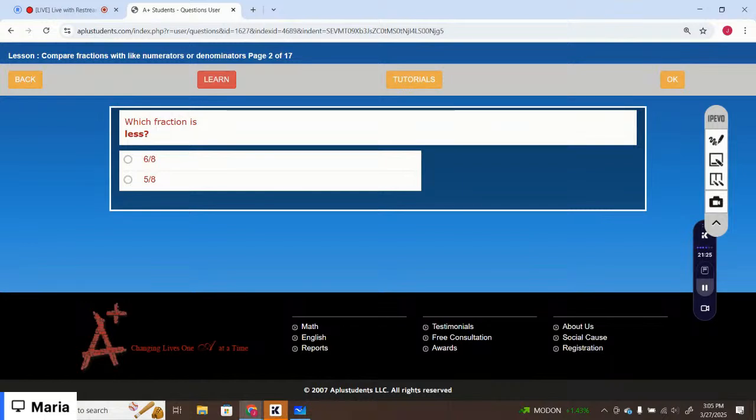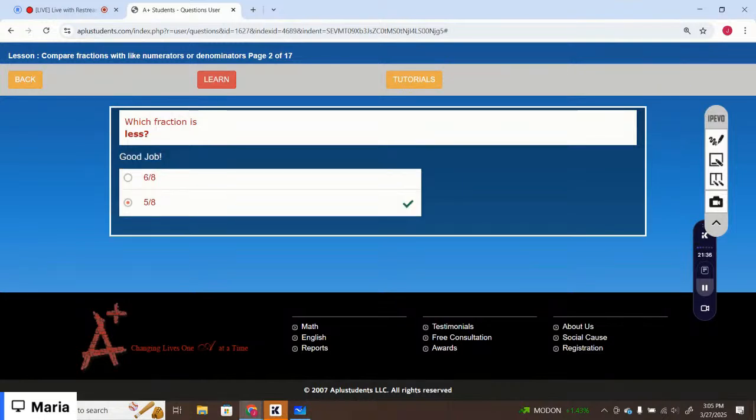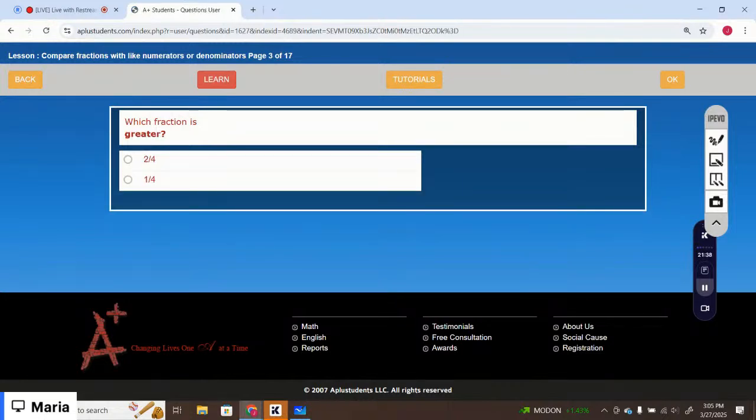5 by 8 is less than 6 by 8 because both the fractions have exactly the same denominator. Just look at their numerator. 5 is smaller than 6, so 5 by 8 is the lesser fraction, right? Which fraction is greater? 2 by 4, 1 by 4. Which is the correct option?